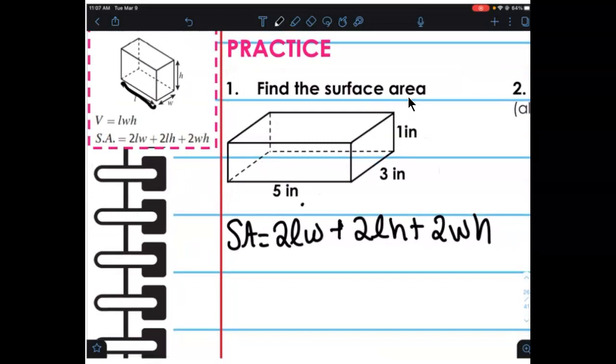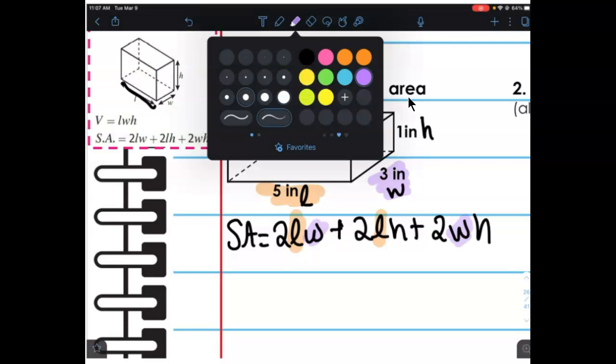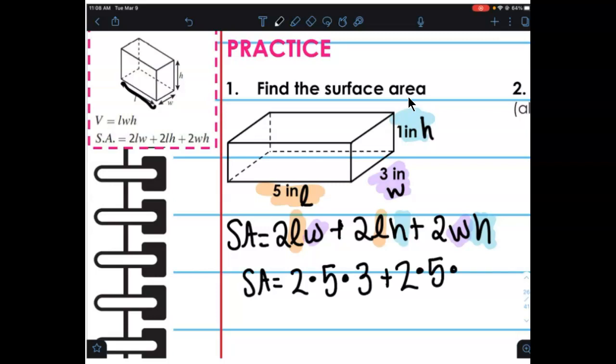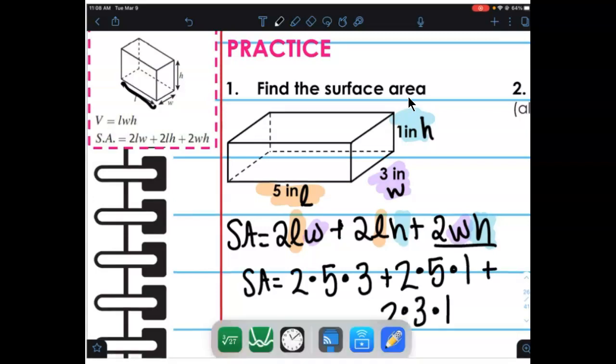So I'm going to label my length, my width, and my height, but again, it doesn't really matter. So surface area equals 2 times L, which is 5, times W, which is 3, plus 2 times L, which is 5, times H, which is 1, plus, in the last group here, 2 times W, which is 3, times H, which is 1.